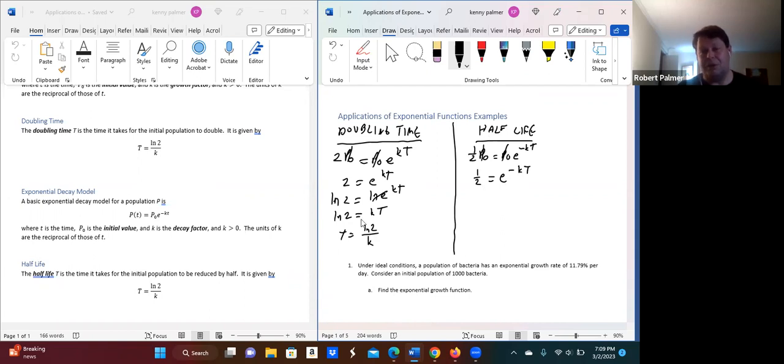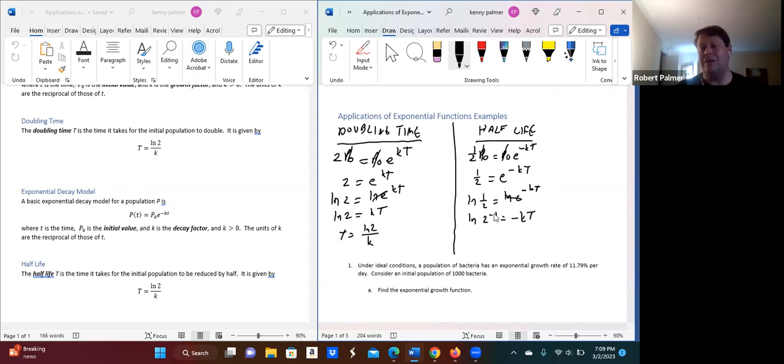Now, as we did over here, let's take the natural log of both sides. And since natural log and e are inverses, they cancel each other out. And I'm also going to do something else on this side. I can write 1/2 as 2 to the negative first. And then on this right side, we have negative kt.